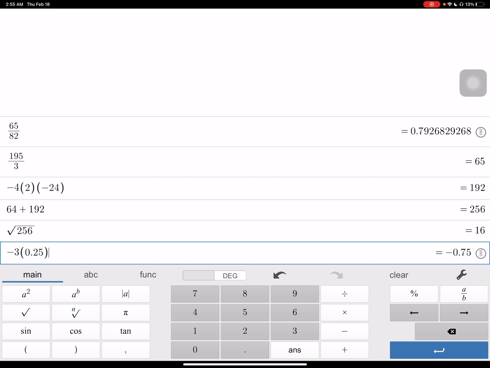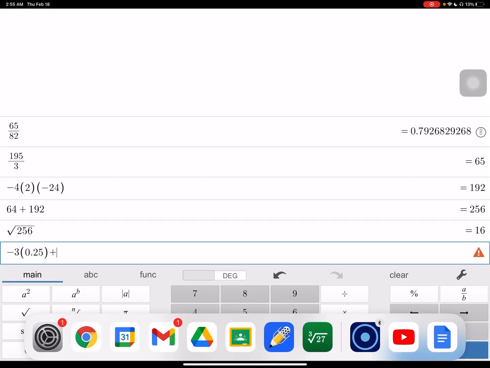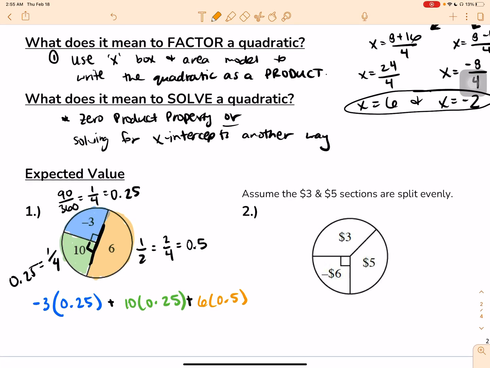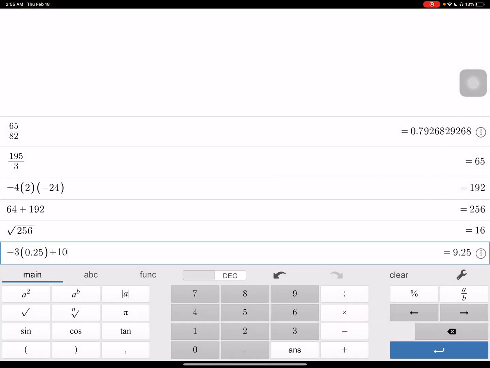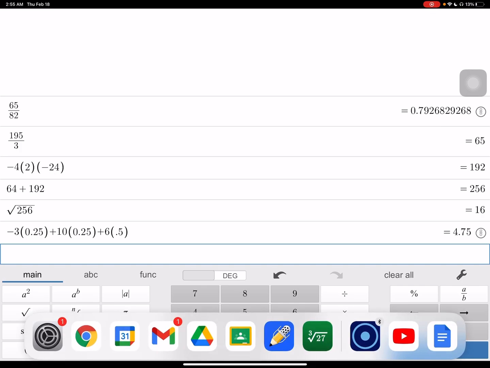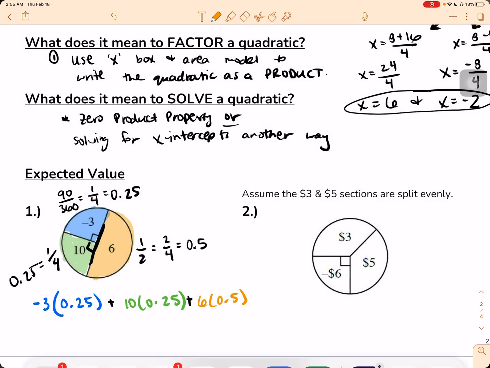Just be careful because it leaves more room for error if you type something in wrong, right? So you always want to really double check what you're typing in. 10 times 0.25. And then the other one was 6 times 0.5. 0.5 works too. So my expected value is 4.75.